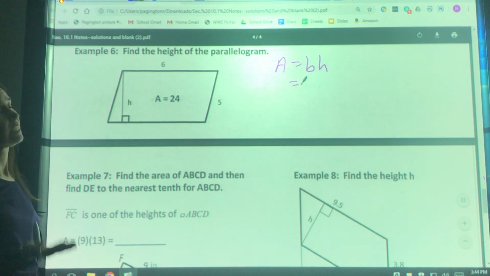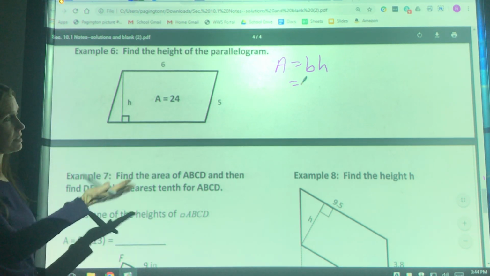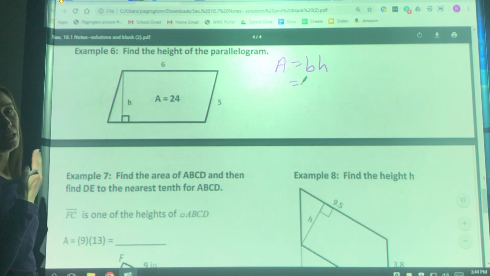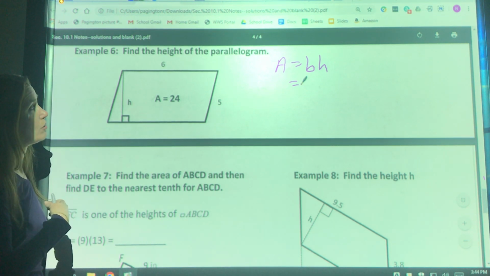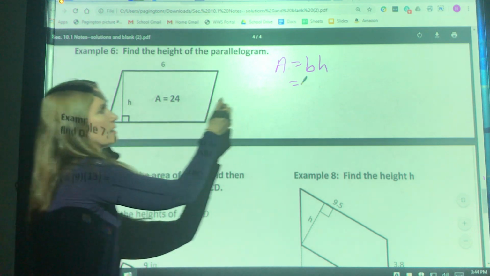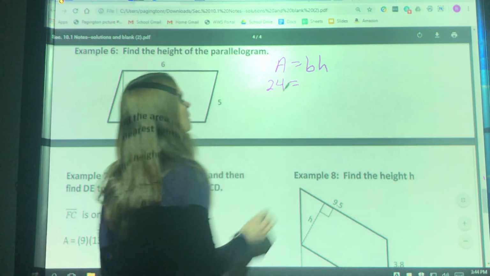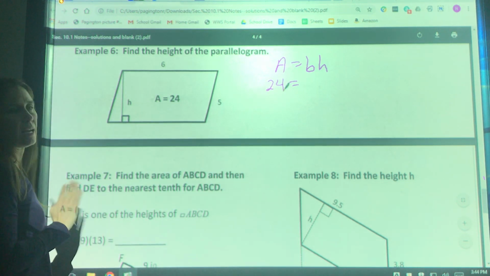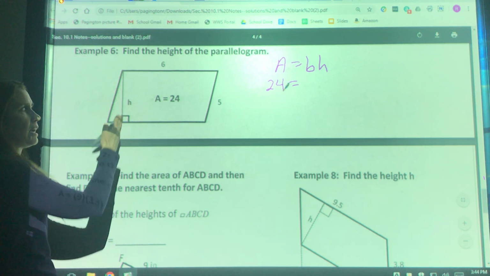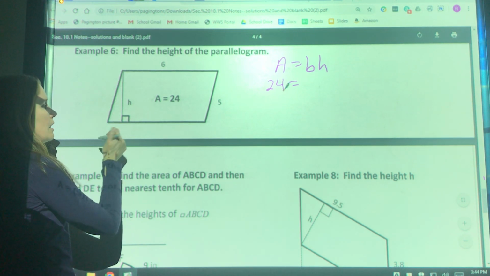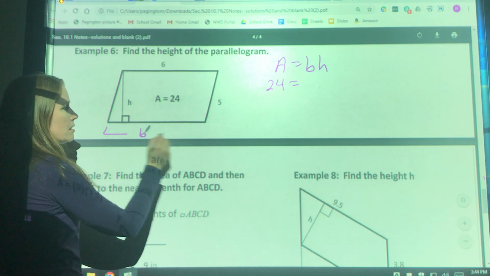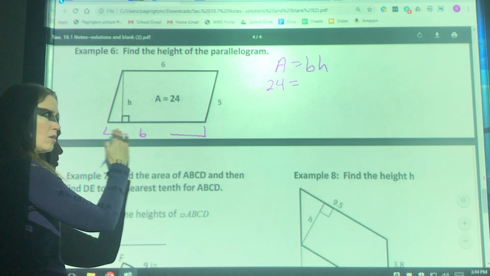They're asking me to find the height, and they gave me the area, and they gave me some extra dimensions on here. So plug in what you know, solve for the thing that you don't know. Okay, in this case, they gave me the area is 24. Make sure you're looking for the base and the height that form a right angle with each other.